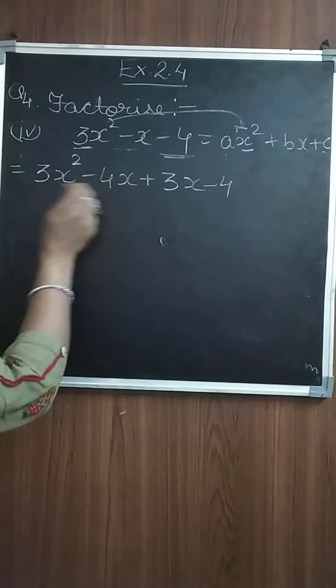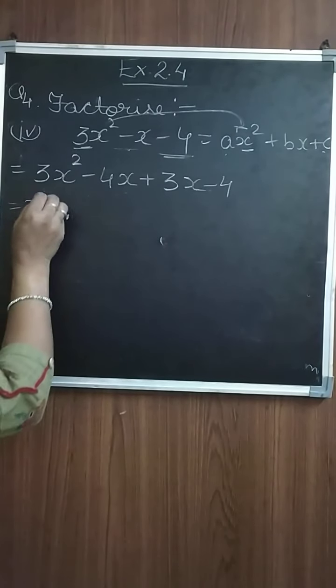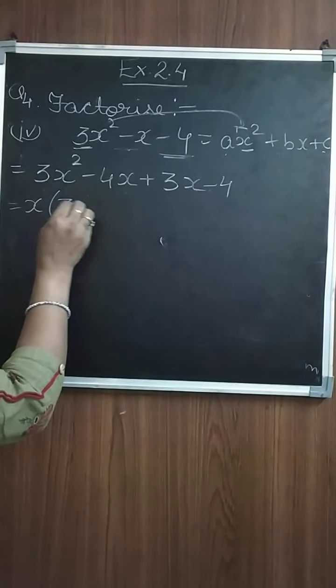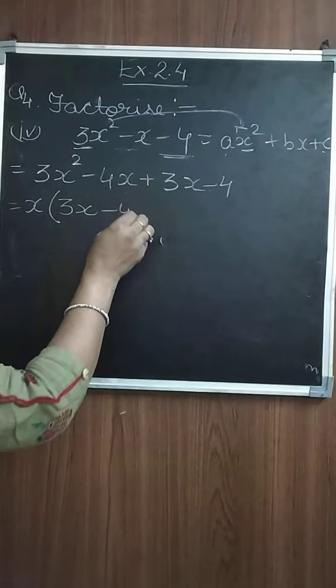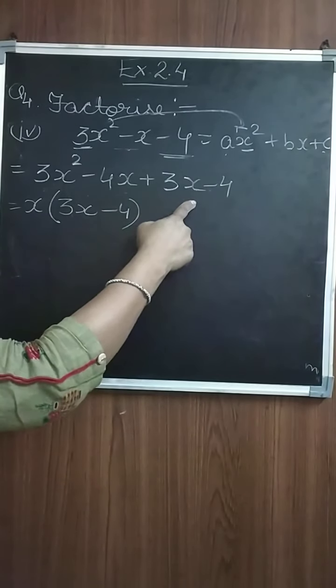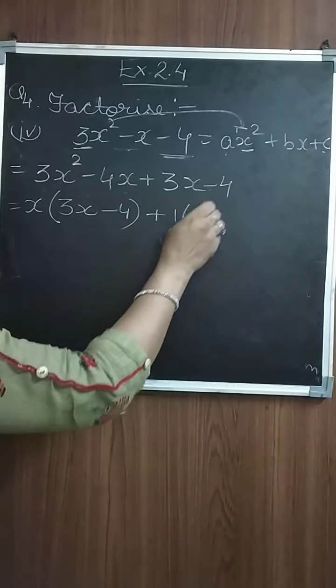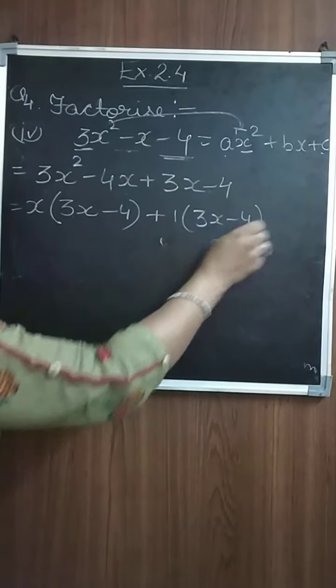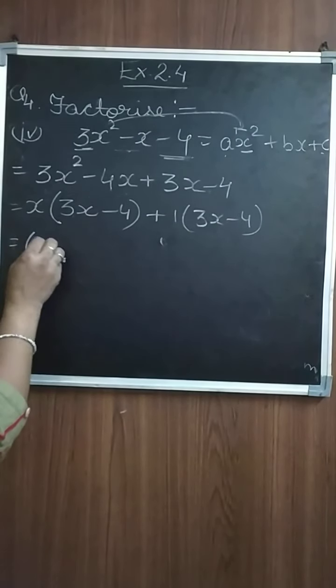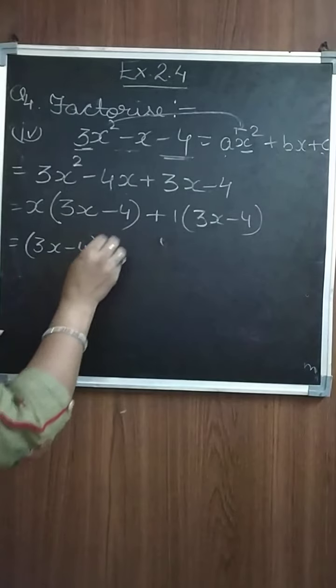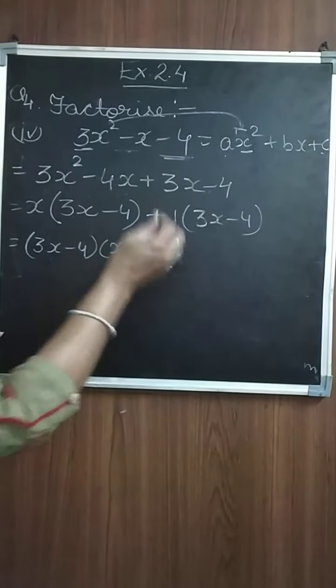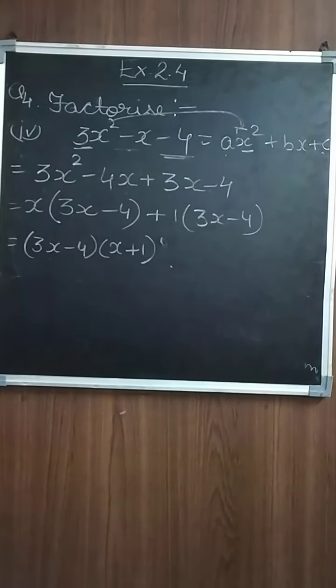What can we take common? The highest common factor is only x. What is left here? 3x minus 4. This is the same value, so take only one common. Let's take 3x minus 4 common. What is left here is x plus 1. So this is called the factorization.